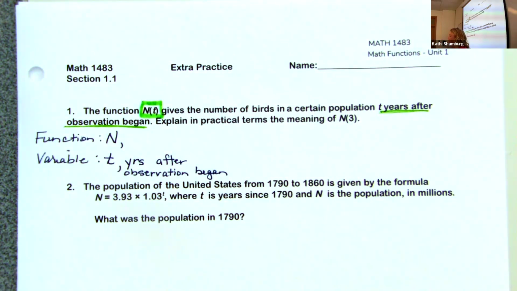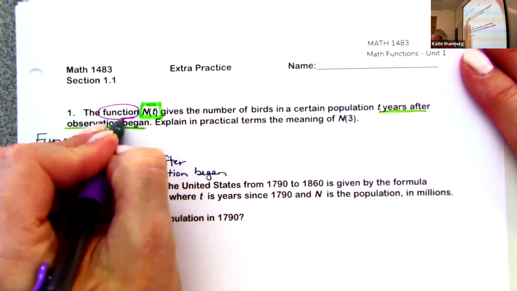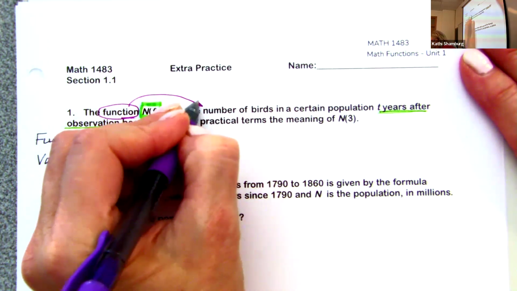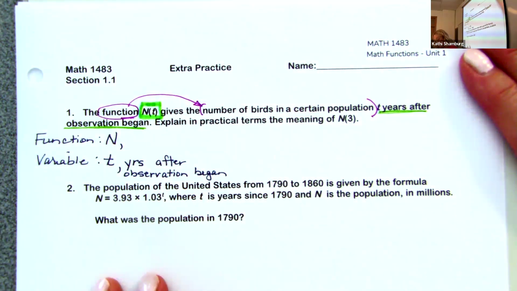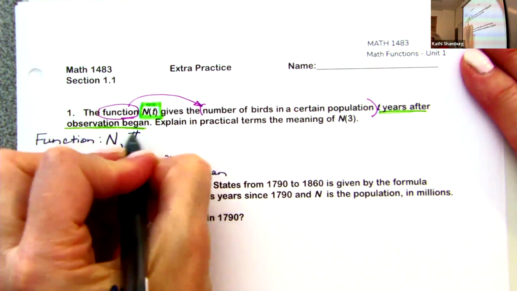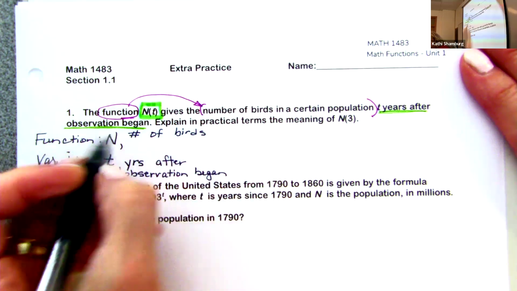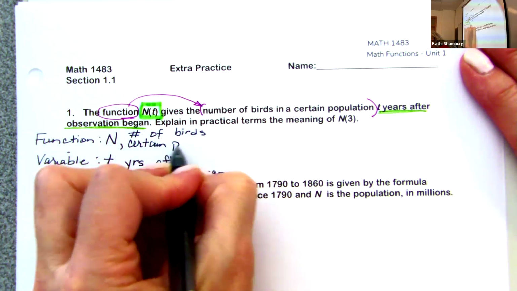Now I need to go on a hunt and see if I can figure out the function. Let me start again. The function gives what? The number of birds in a certain population. So, number of birds, and I'm going to go ahead and put certain population.